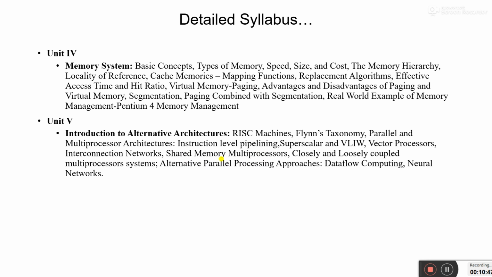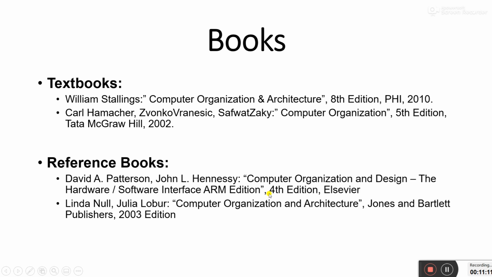We will also cover closely and loosely coupled multiprocessor systems, alternative parallel processing approaches, data flow computing, and neural networks. These things will help us understand the alternative architectures present in our domain.